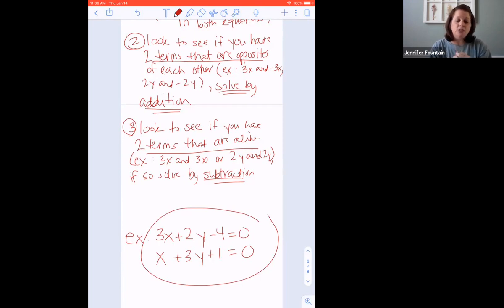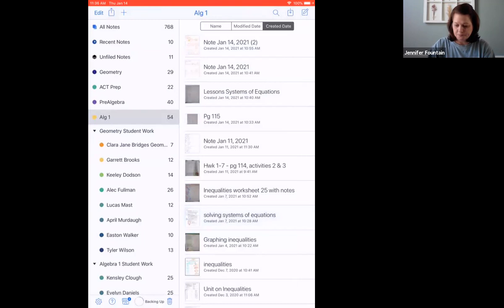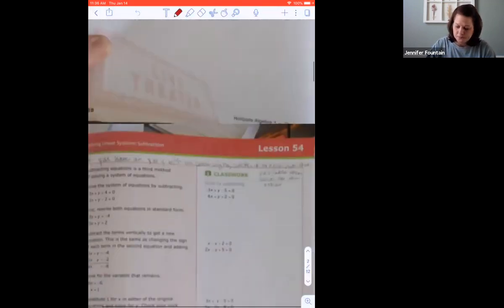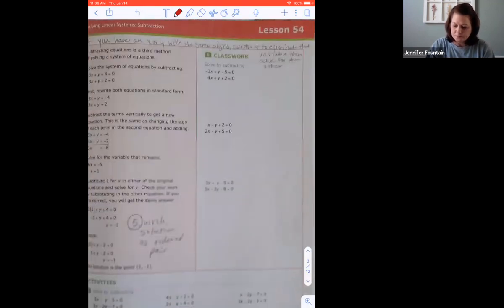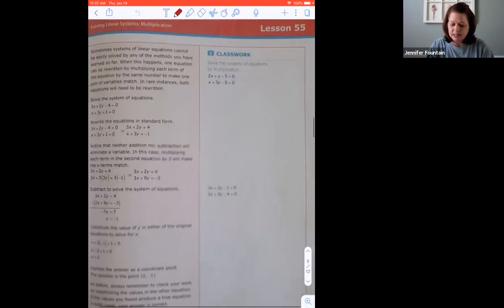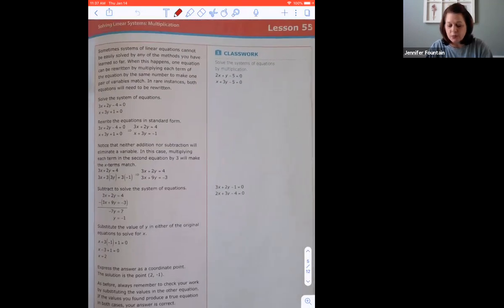And this is where we start with lesson number 55 on page 121 using multiplication. So we're going to go ahead and turn to lesson 55 on page 121.